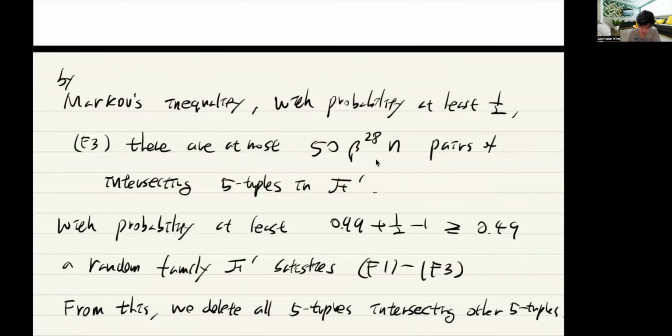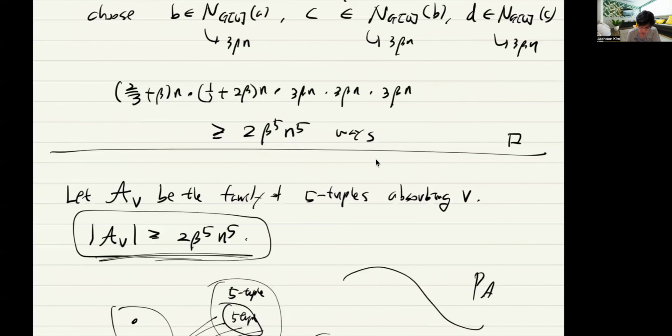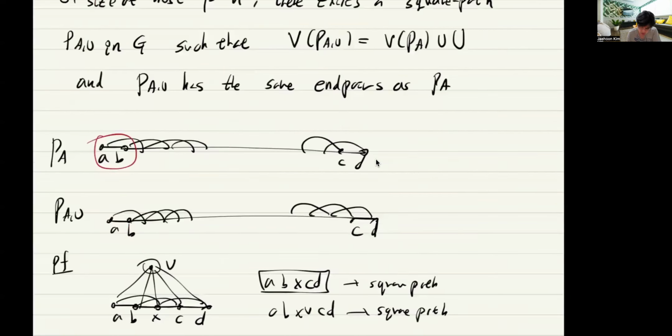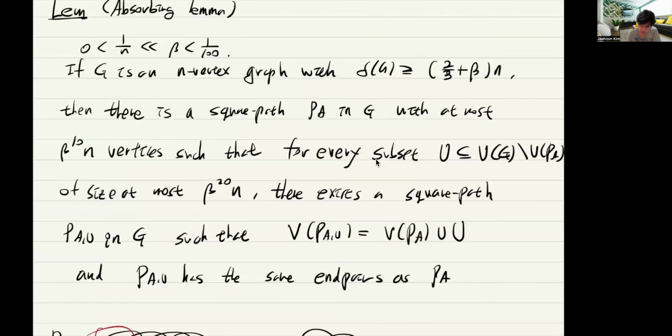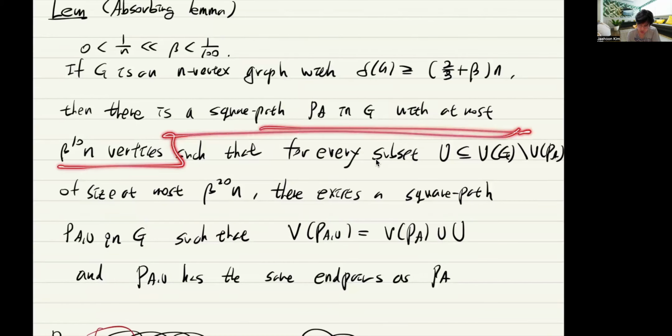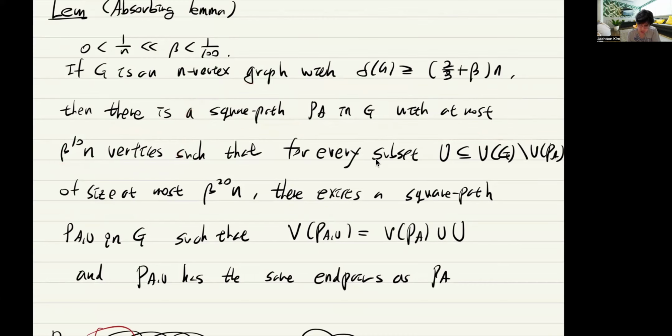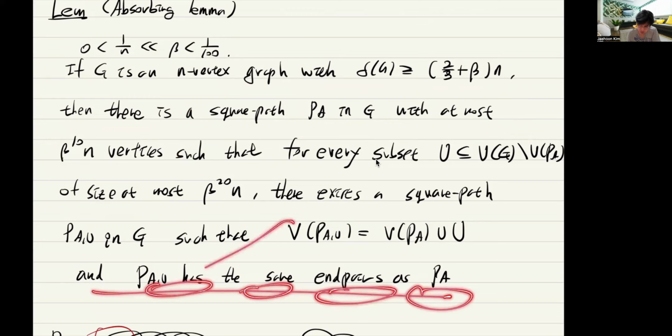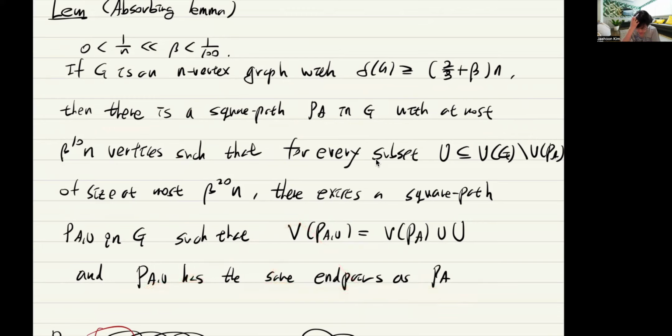And this proves the absorbing lemma because now we have a square path with almost this many vertices. And in that square path, you have lots of 5-tuples that absorb a specific vertex.